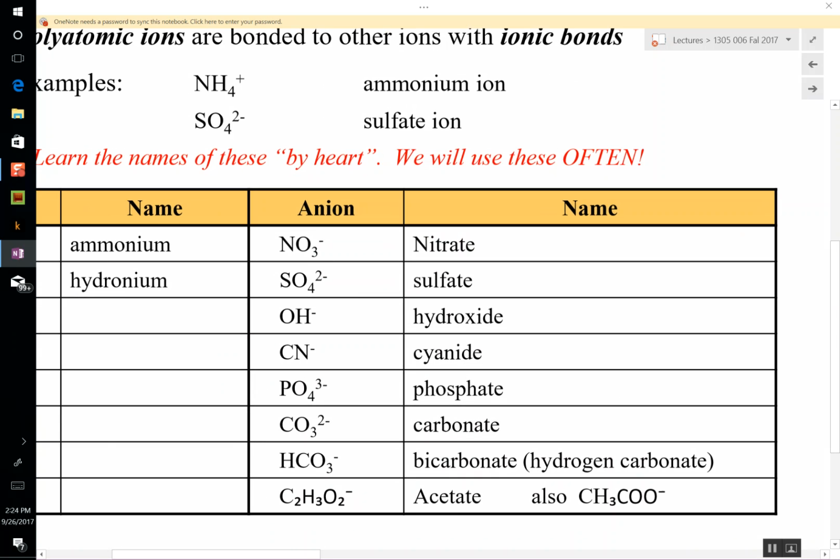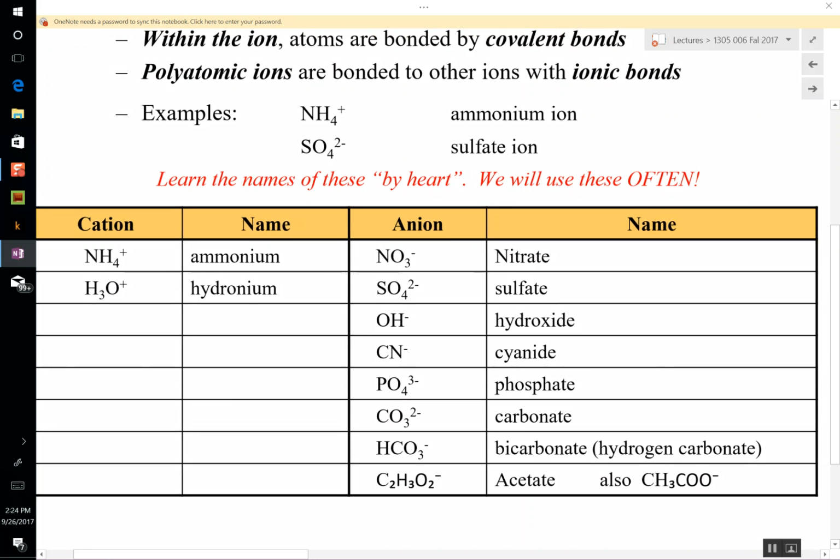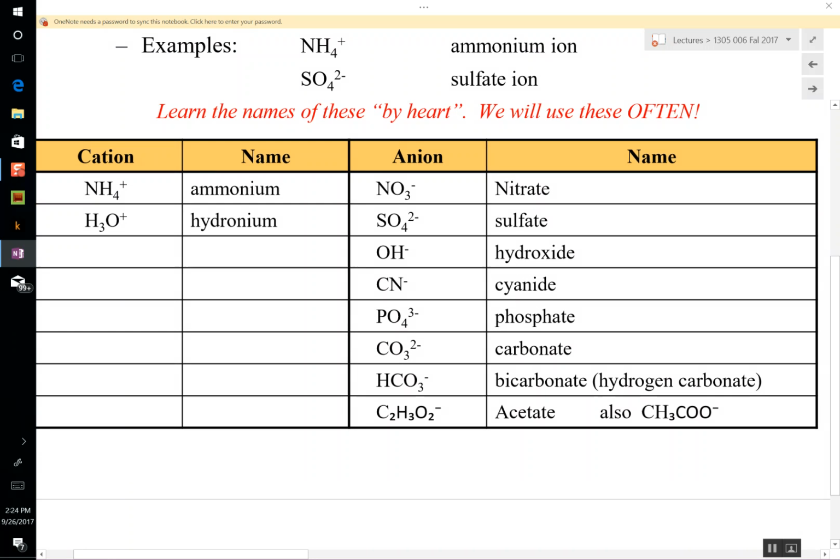Now keep in mind there are cations and anions here. But we'll focus in on these anions, negatively charged ions. So what you need to know, and you need to commit these to memory, is that nitrate is NO3 with a -1 charge.